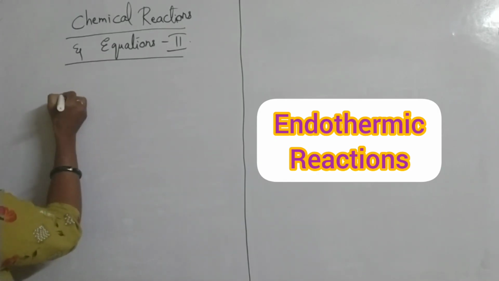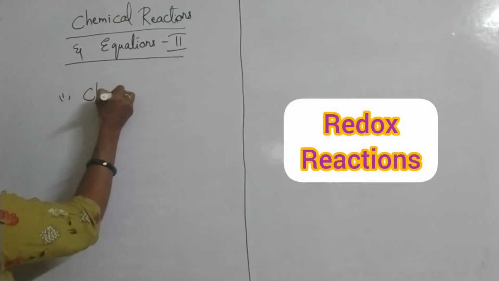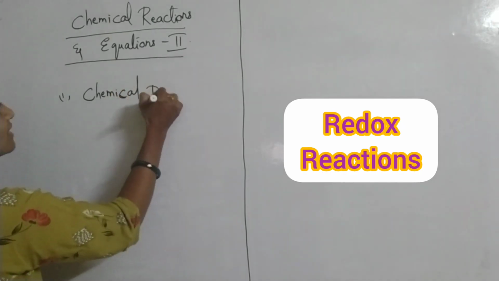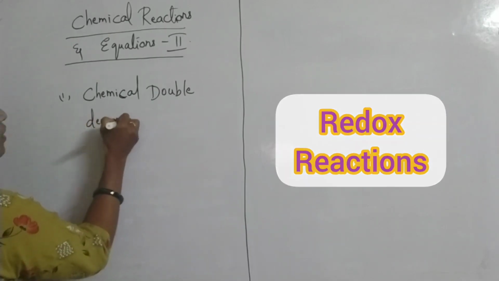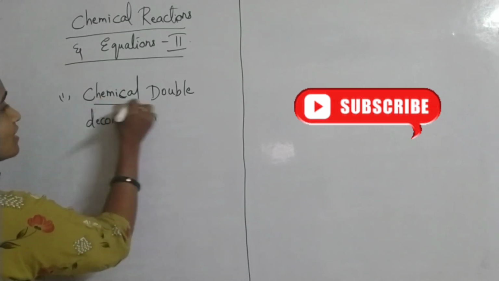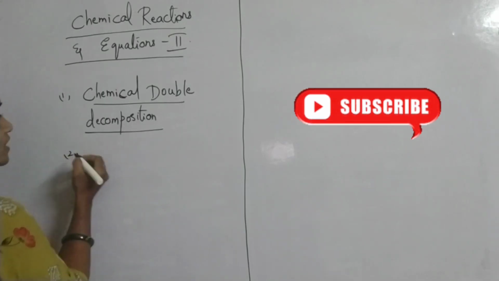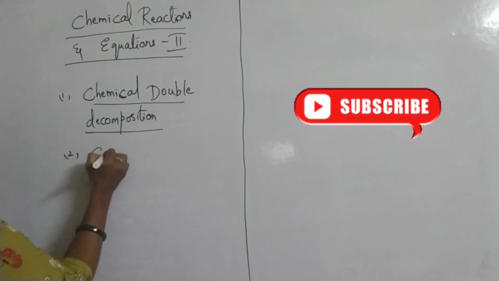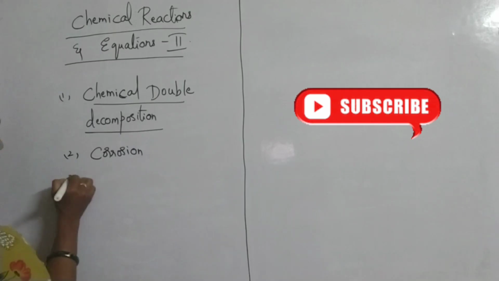In this video we are going to cover chemical double decomposition reactions, the fourth type of chemical changes. You can even call them chemical double displacement reactions. We are also going to cover reactions like corrosion, which occur in our daily life, and certain redox reactions.